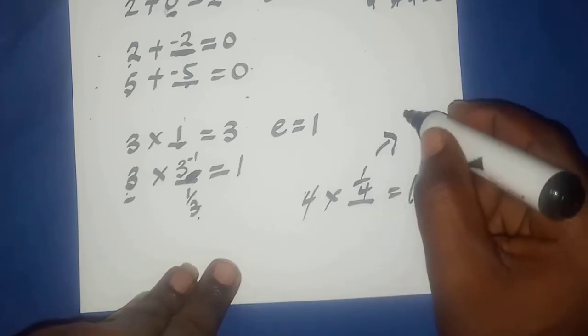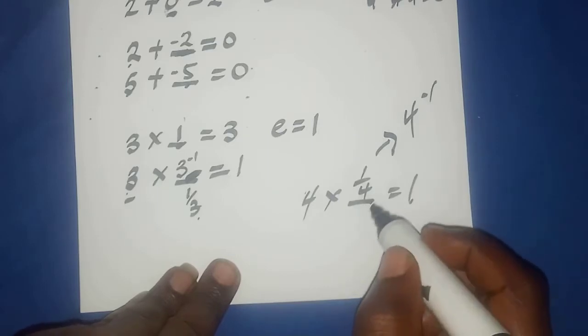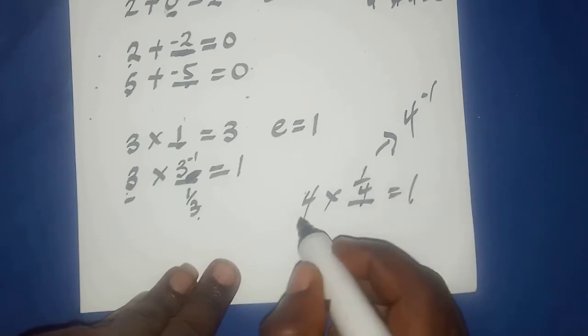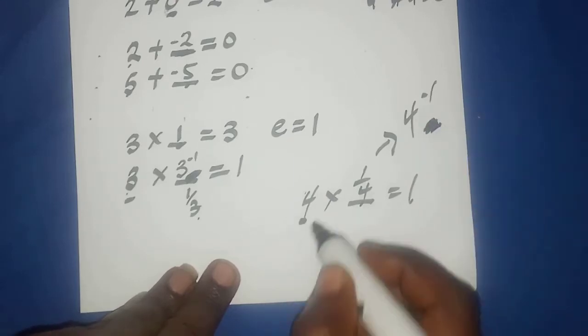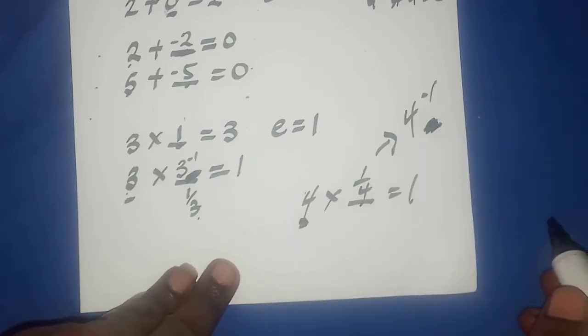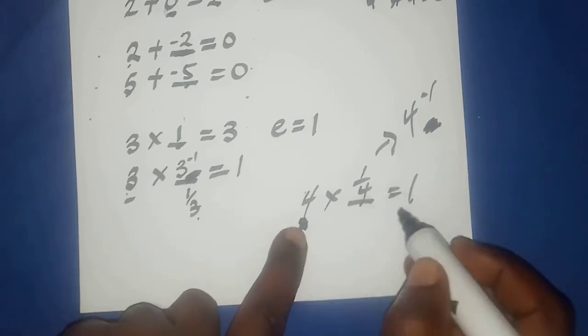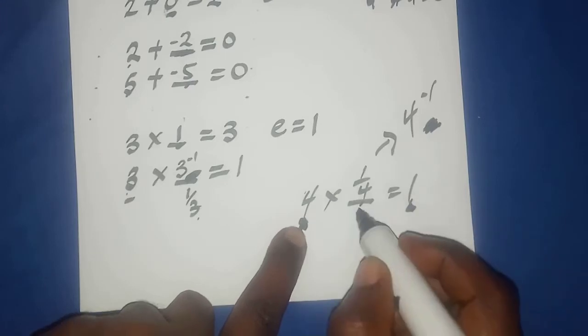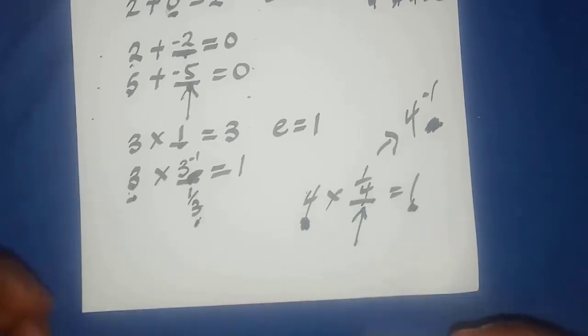Or it is the same as 4 to the power negative 1. Which means that 1 over 4 is the inverse of what? 4. Or 4 to the power negative 1 is the inverse of what? 4. So the number that you operate on 4 to get the identity element is the inverse. That's the basic idea about the inverse element.